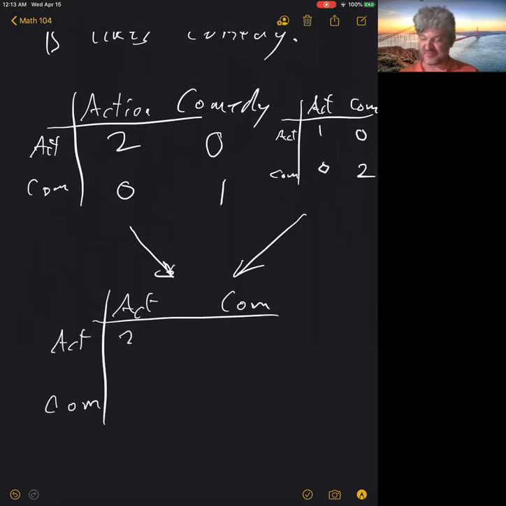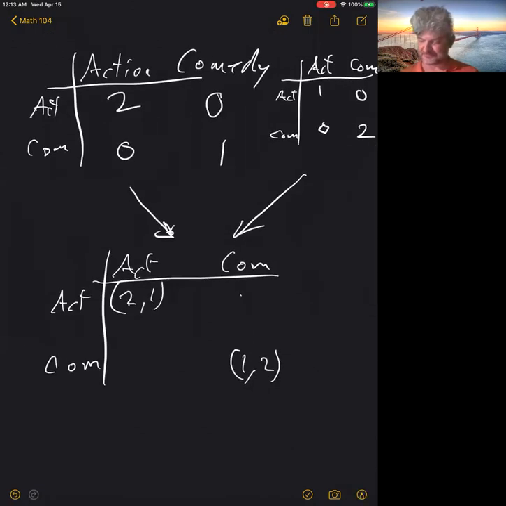If you just put pairs of numbers, 2, 1, 1, 2 in the lower right corner, and then we have 0, 0, and 0, 0 for the two situations when they are not together. When friend A chooses comedy and B chooses action, that would be the top right. And when friend A chooses action but B chooses comedy, that would be the lower left, and that gets a score of 0 from both.